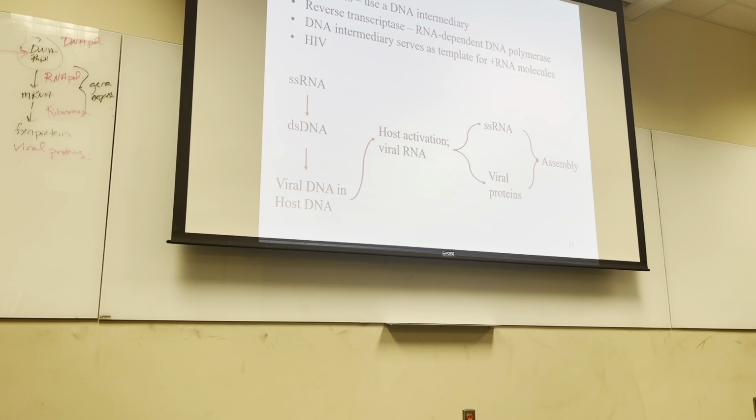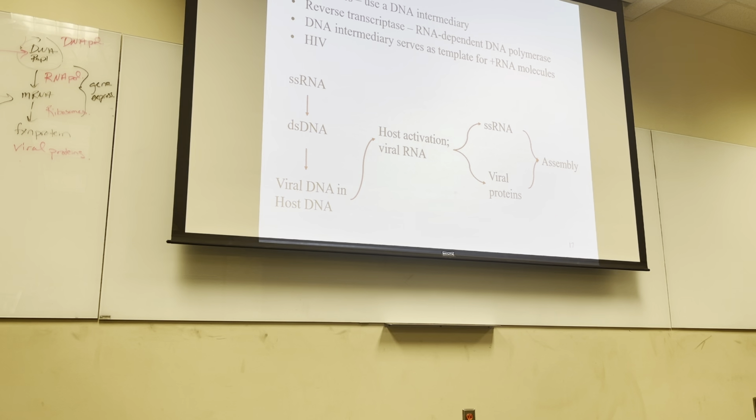And that's what we've focused on with HIV treatments. Reverse transcriptase inhibitors, in fact, are one of the variety of types of drugs that are used to keep HIV in check. If we can block this step, even though it's infected in your cell, even though the genome is in your cell, it does not do this.